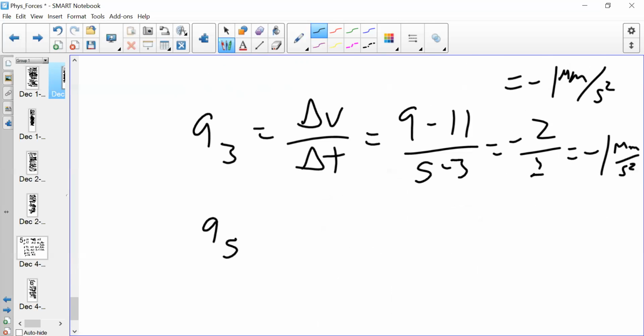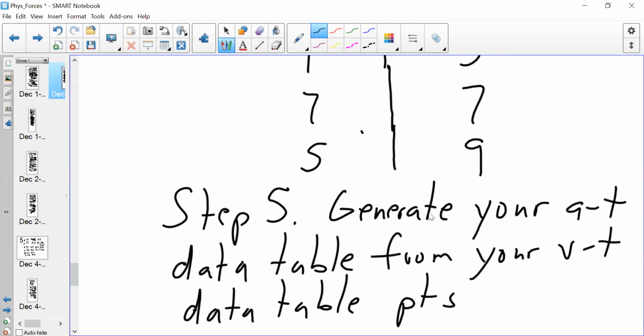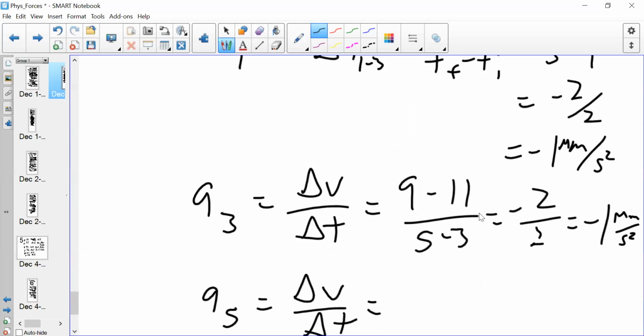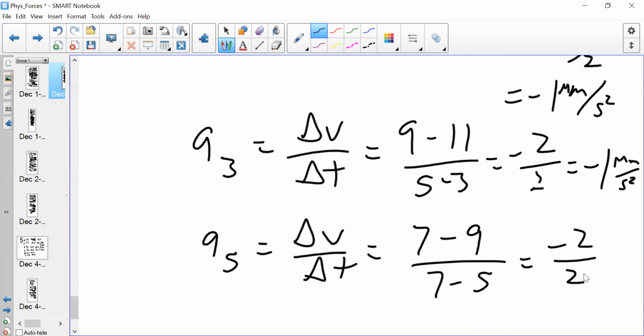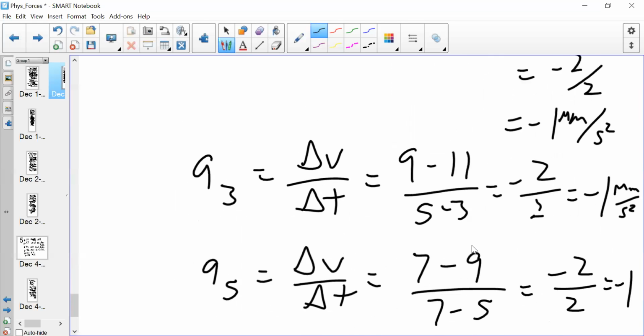Base of 5, delta V over delta T. What we got? Yeah. 7 minus 9 over 7 minus 5. And then so on.